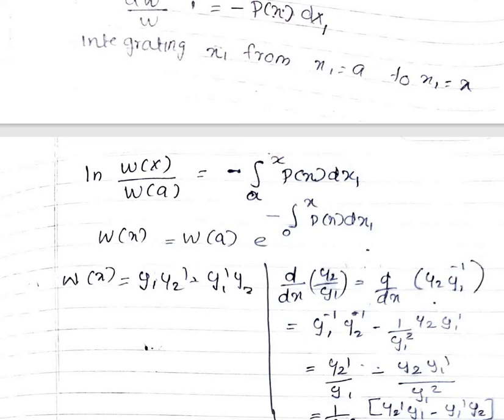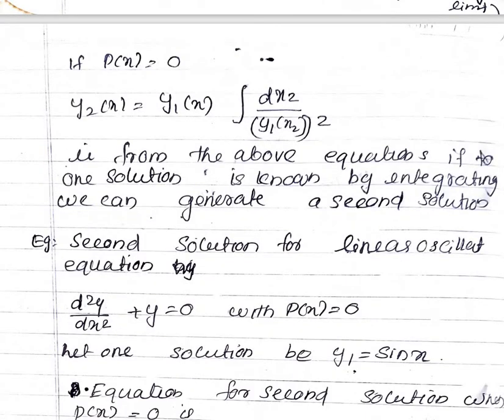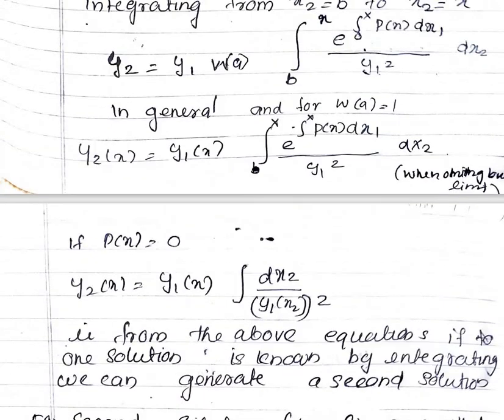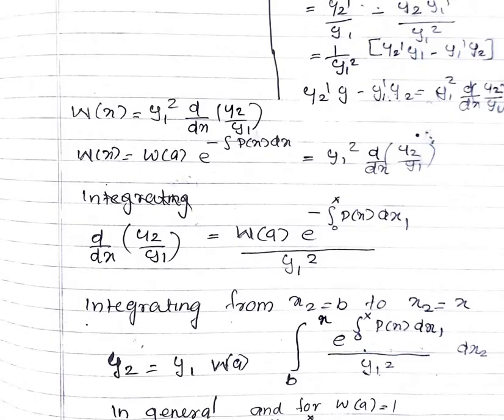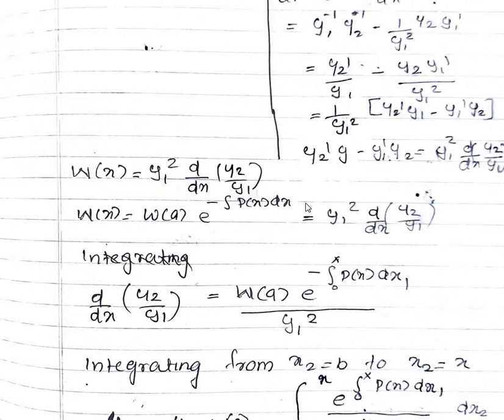Instead of W of x we can write y1 square d by dx of y2 by y1.